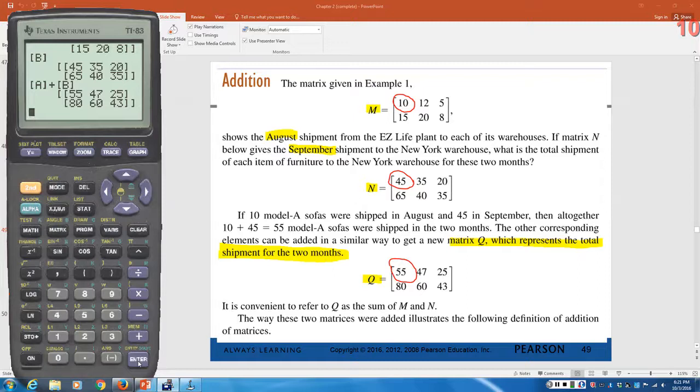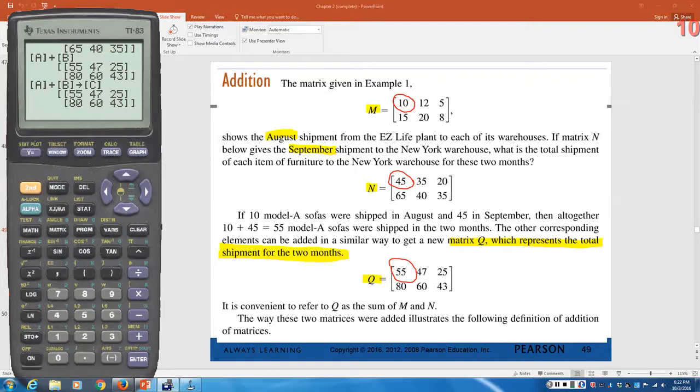Now, if you plan on using that sum on the other hand, then you probably would want to do matrix A plus matrix B, and then try hitting your store key, because we might want to store it, and then we can choose a location for it, but we have to be careful that we choose one that's empty.